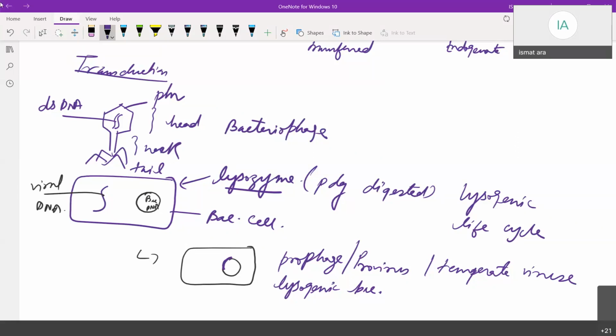Lysogenic life cycle is clear to all of you? Yes, ma'am.